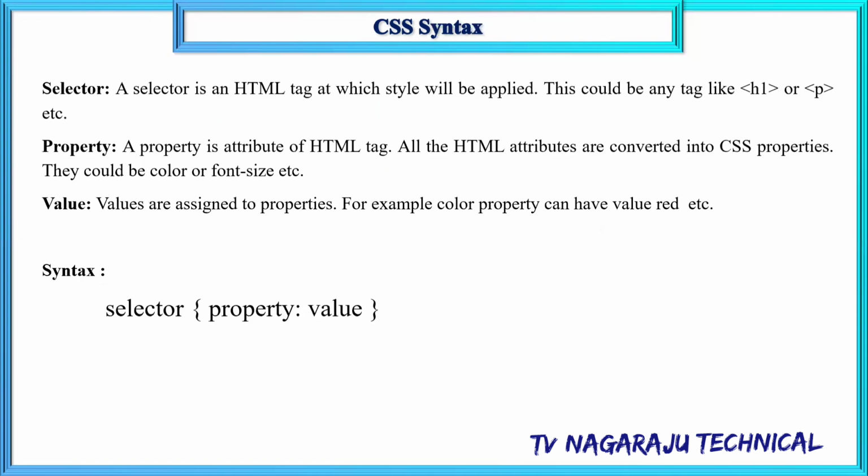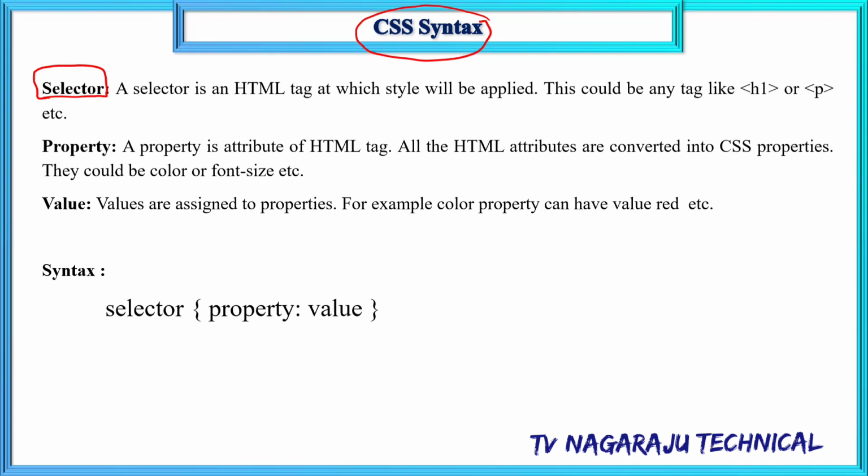Now, we are moving to the most important term. If you want to use CSS, you must know the syntax, how CSS is used in your HTML page. The three terms you need to remember: first is selector. What is meant by selector? CSS purpose is to apply a style to some element.